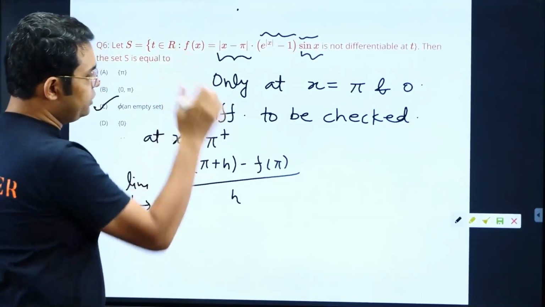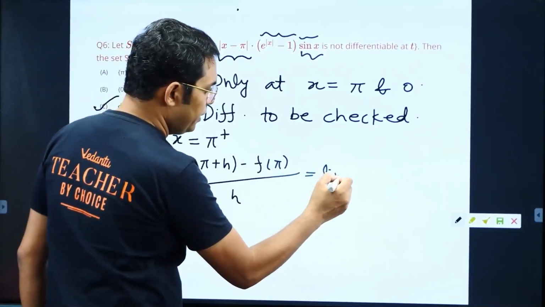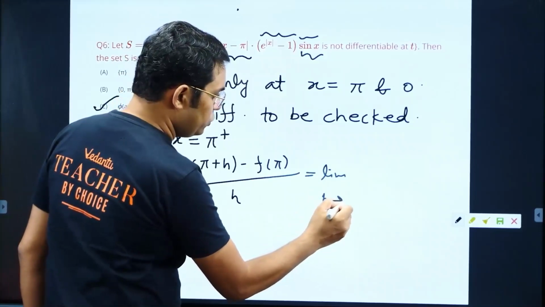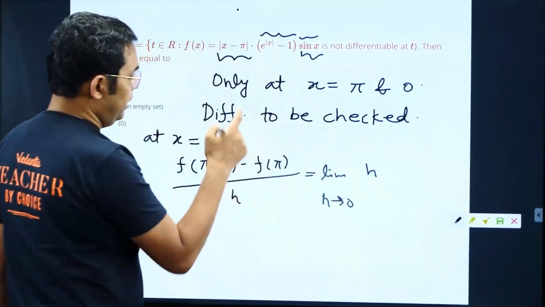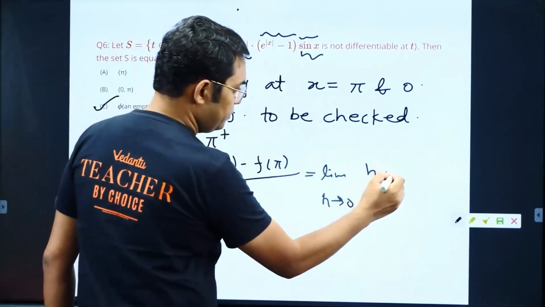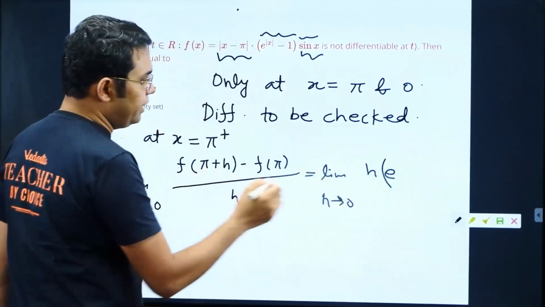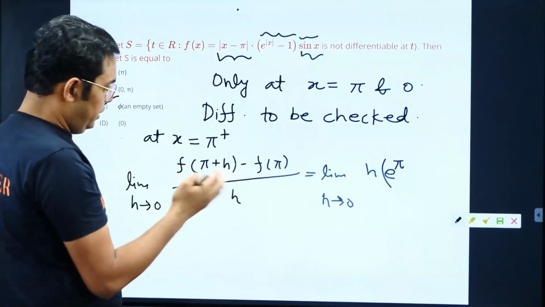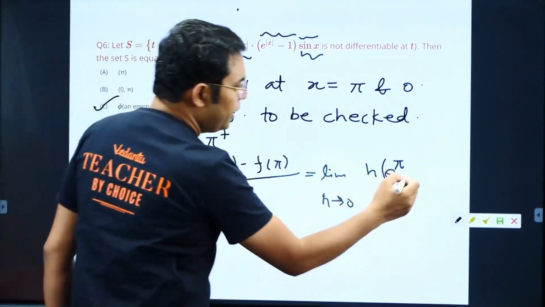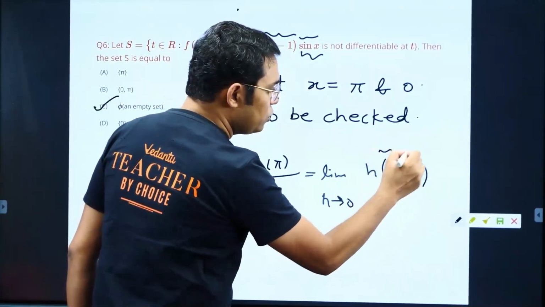Now pi plus h, here it would be limit h approaches 0, this would be pi, this would be h only, and then e power pi only, because pi plus h, as h tends to 0, is pi only, minus 1, and this bracket is not 0.